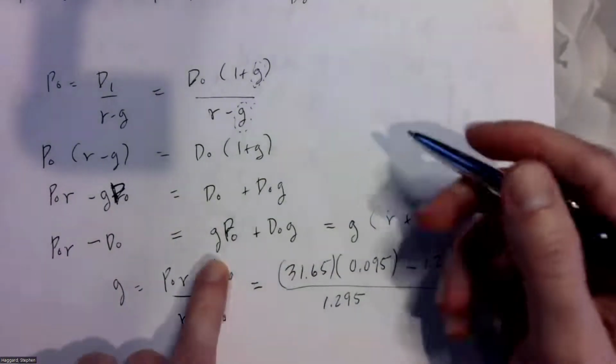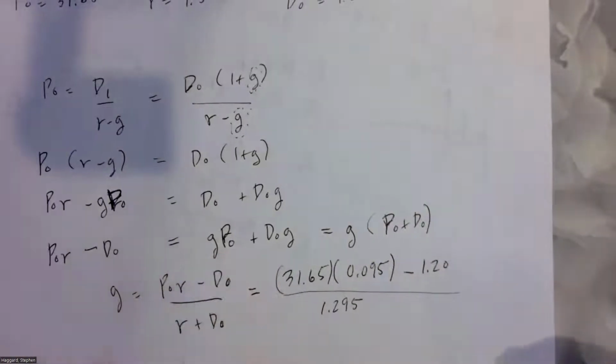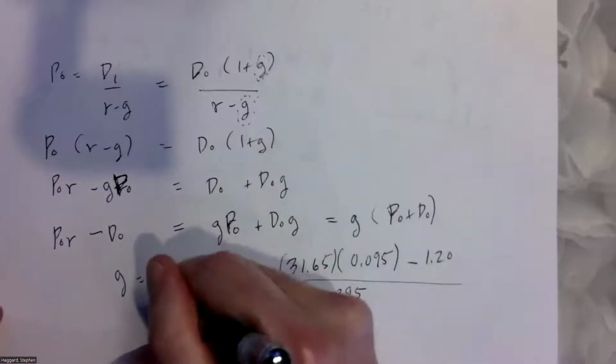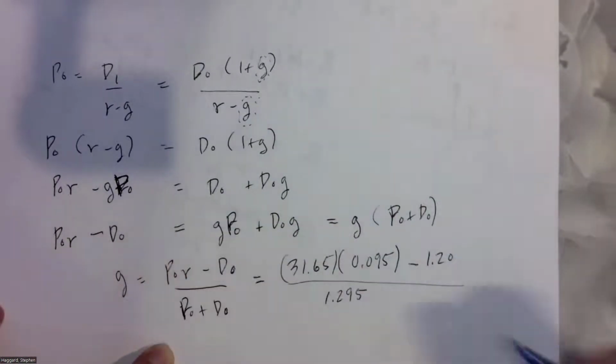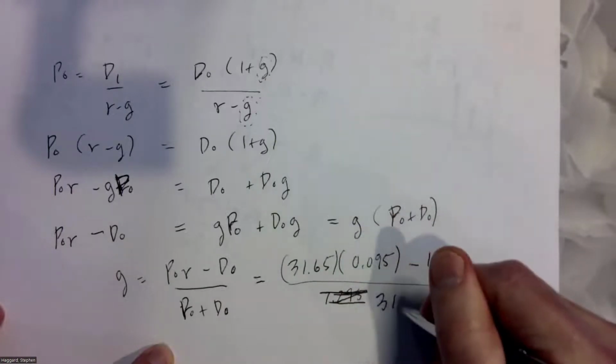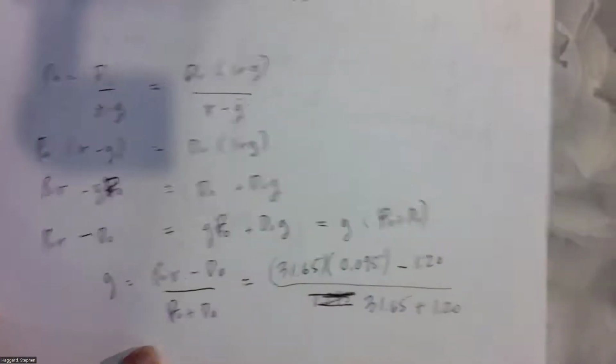Okay, and so now that's GP0. There we go. And so G is equal to, and this should be P0 plus D0. And so on the bottom here, it should be 31.65 plus 1.20.